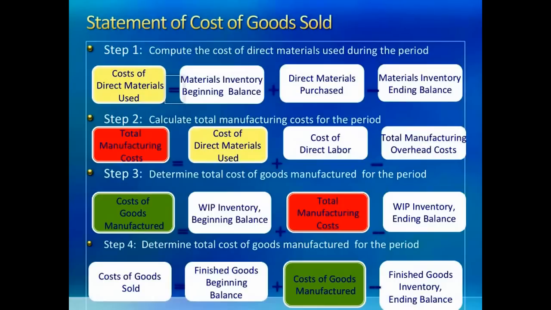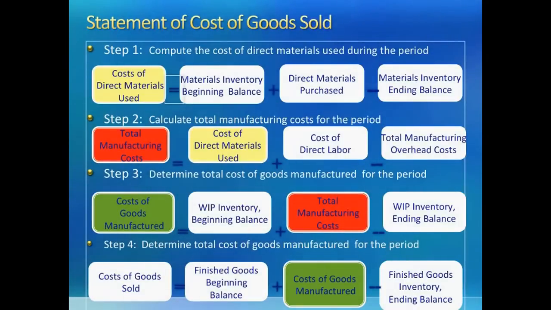Finally, we come to finished goods inventory account, where cost of goods manufactured is added to beginning inventory to get total goods available for sale. If we subtract ending inventory from this total, we will get cost of goods sold, which is the number we are interested in, because this number will go into income statement to calculate company's operating income.